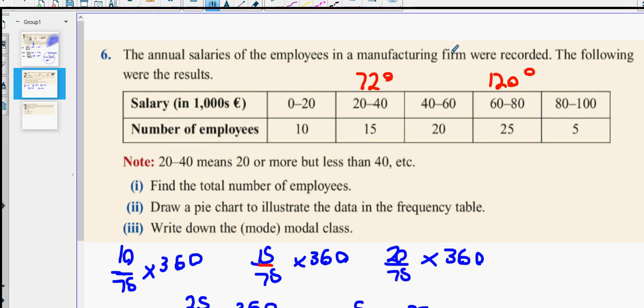Okay. So that's 24 degrees. This one is 20 over 75. That's a difficult one for me. Actually, you can just multiply that by 2. So 48 and 96. That's 96 and that's 48. No need for calculator, lads.